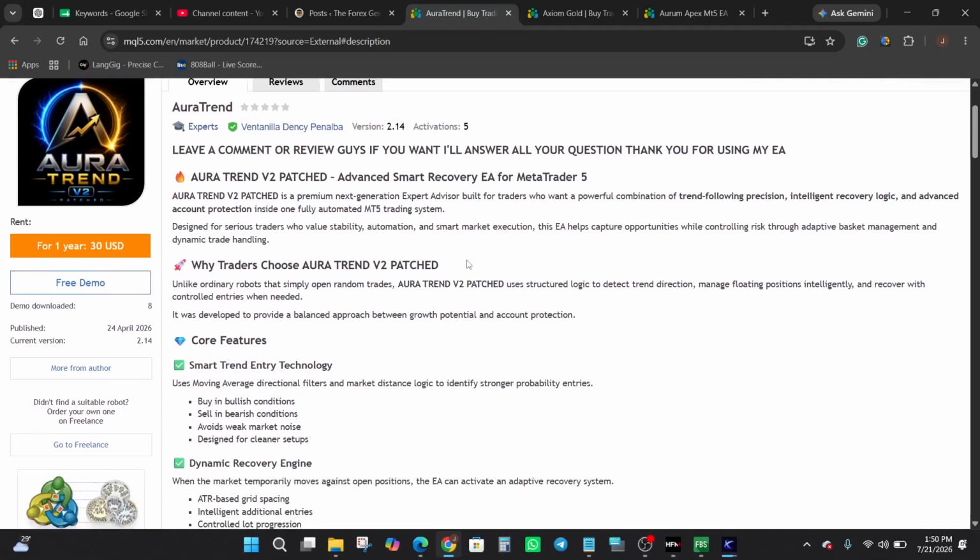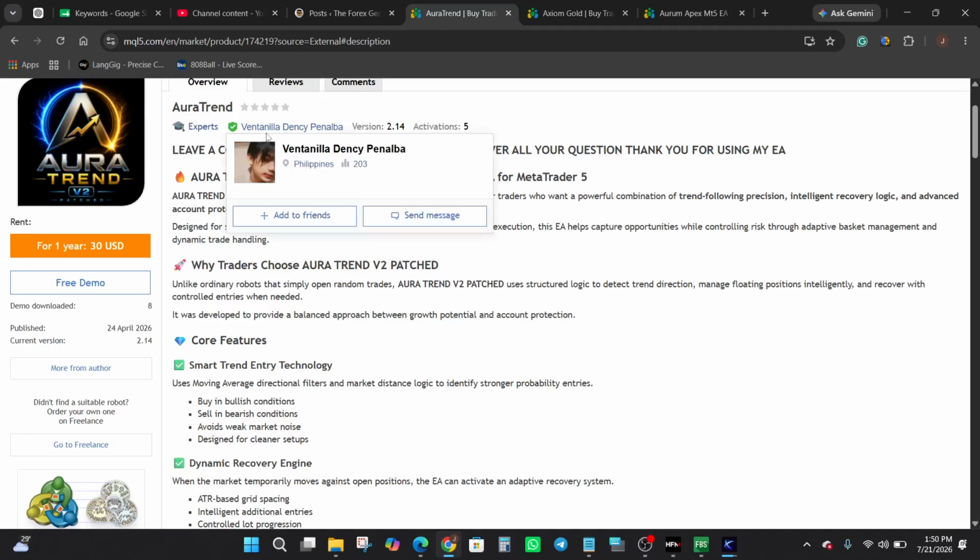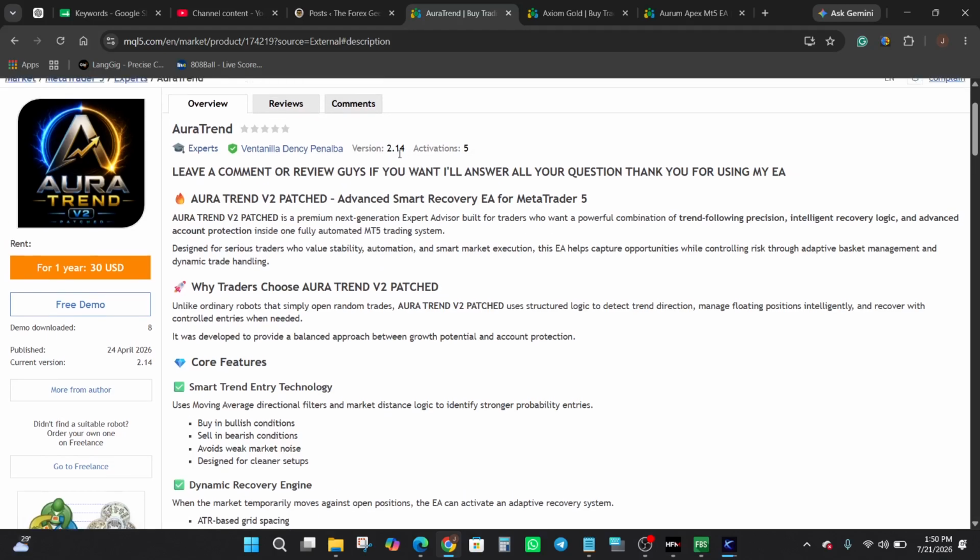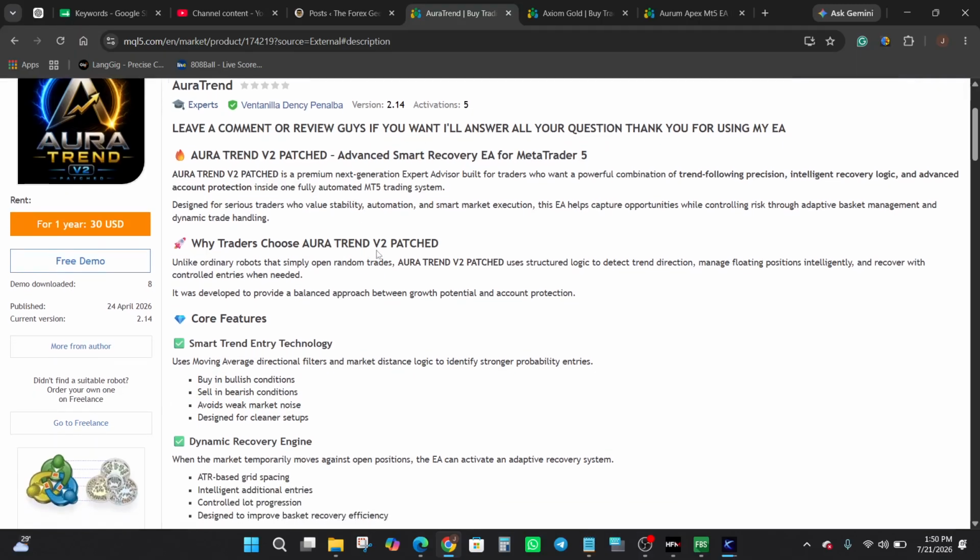Okay, so this EA is from developer Ventanilla Densi Penalba, version 2.14, available for rent at $30 for 1 year. It positions itself as a smart recovery system combining trend following entries with adaptive recovery logic, basket management, and account protection features for MT5.